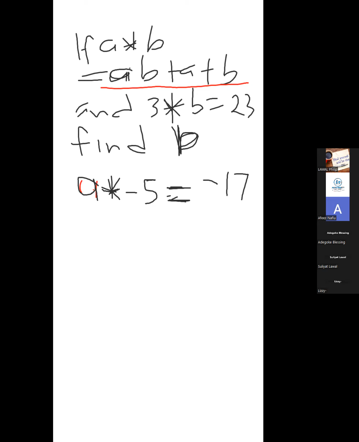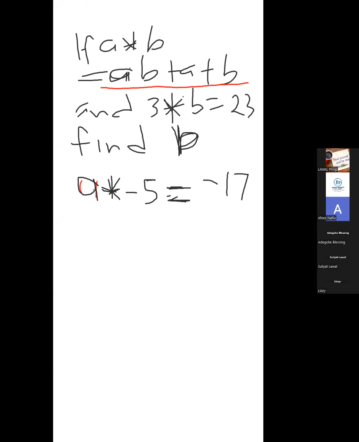All right. So we are going to arrange A and minus 5. We are going to arrange them in order of A and B. So what I have is, when you have two letters written as AB, it means you are multiplying A and B. That's the rule in mathematics.